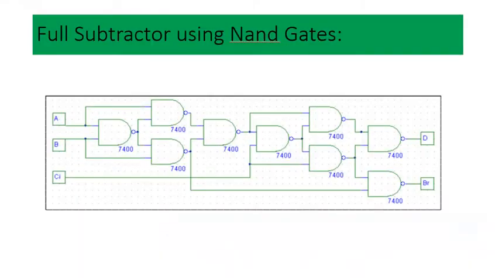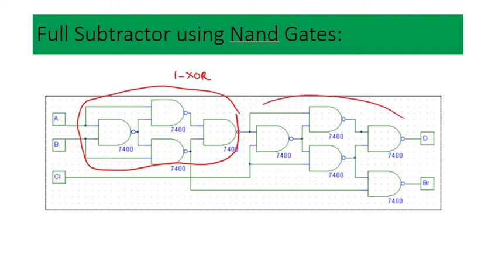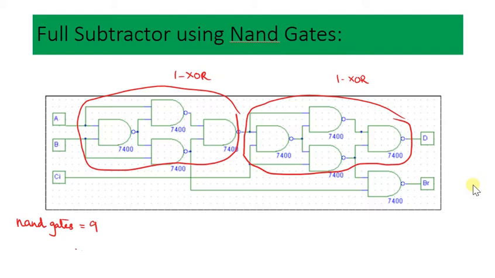In the realization of full subtractor using NAND gates, we make use of totally 9 NAND gates. So we can group this particular full subtractor using NAND gates as having 2 XOR operations forming 4 NAND gates each.